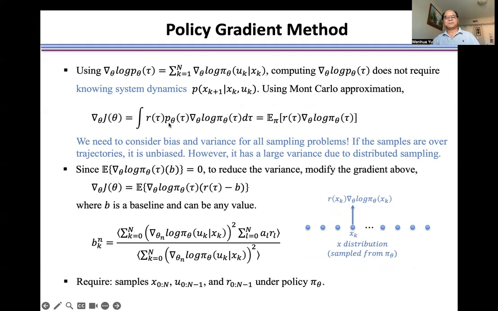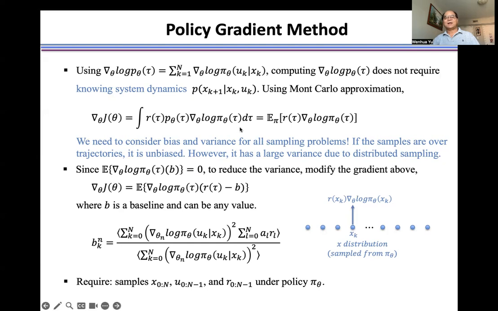Then we can change the integral to an expectation. So in this way, we don't need to calculate a complicated integral. Instead, we just calculate the expectation over the samples of the policy distribution.